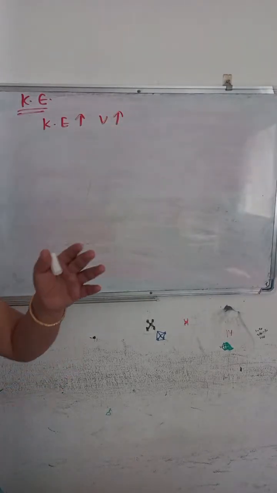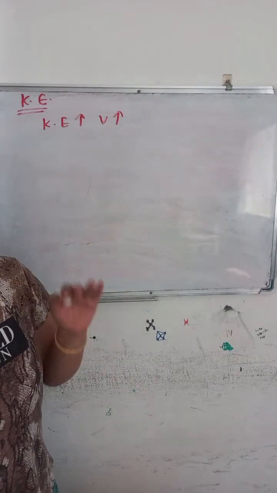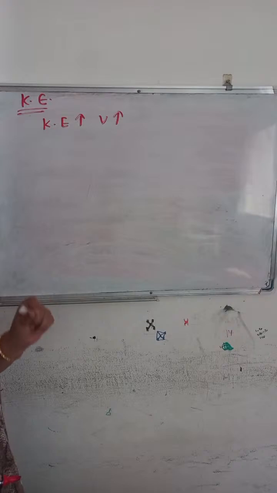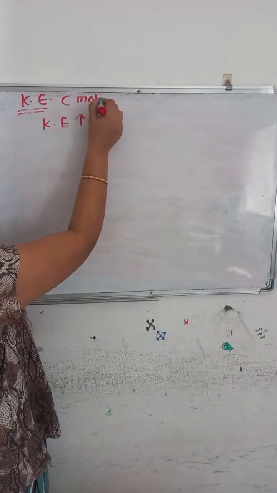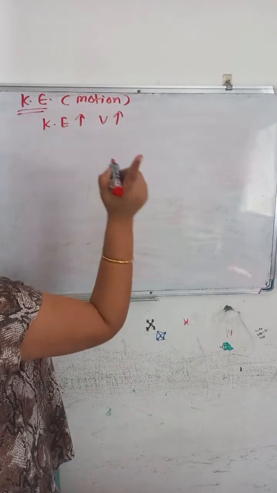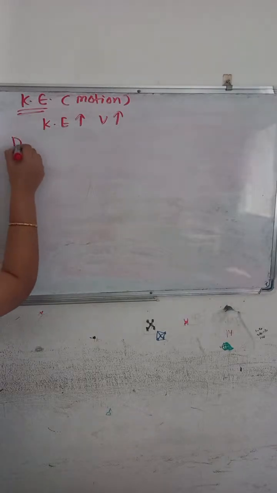So more is the velocity, more is the kinetic energy. Less is the velocity, less is the kinetic energy. Kinetic energy means the body should be in motion. If that body is in motion, then only it possesses the kinetic energy. Understood? Now we have to go for the derivation.